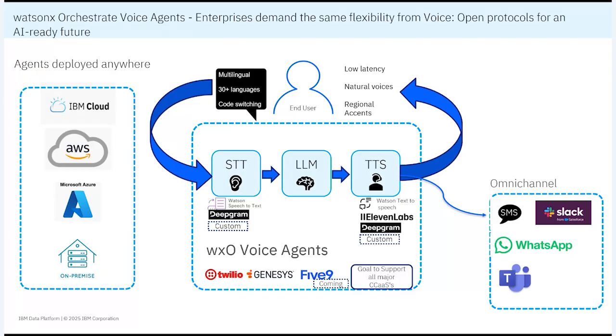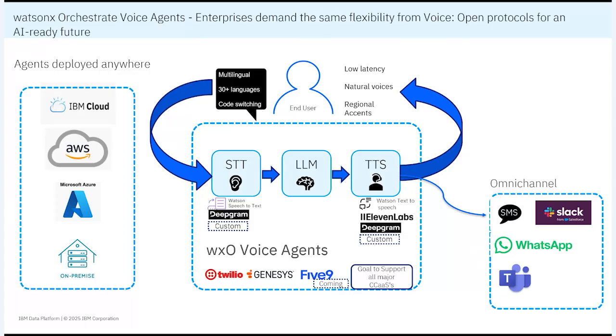This is a very traditional architecture to which we are adding different partners on the speech-to-text side like Deepgram and ElevenLabs, and Deepgram for text-to-speech. This comes with enormous benefits and really expands the number of languages we can support, allowing for multilingual voice agents and providing access to a wide variety of voices so there is more personalization for enterprise voice deployments.